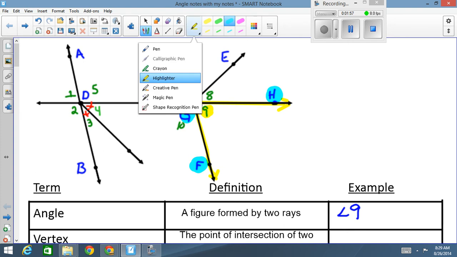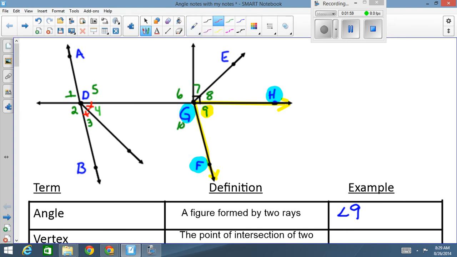You need to use all 3 points, and the G has to be in the middle. So in this case we would call this angle F G H, or we could call it angle H G F, as long as the G is in the middle.